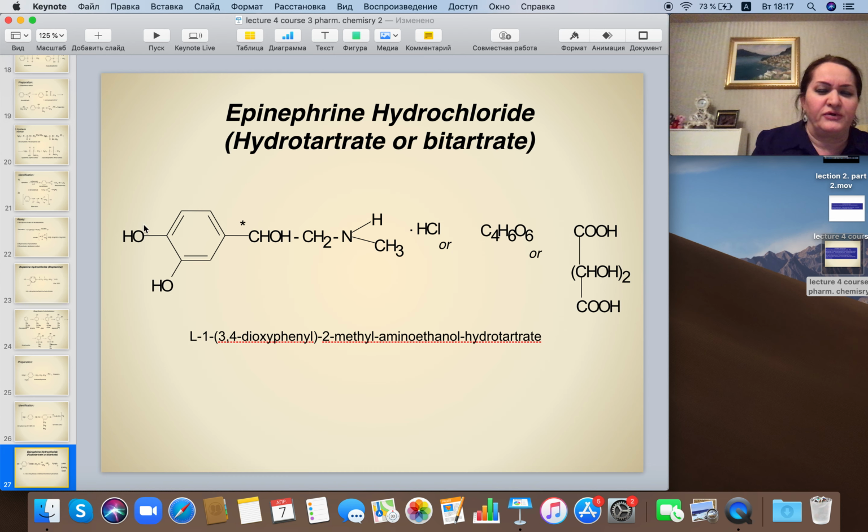You can see in the 3,4 position dihydroxyphenyl, and in this position 2-methylaminoethanol.